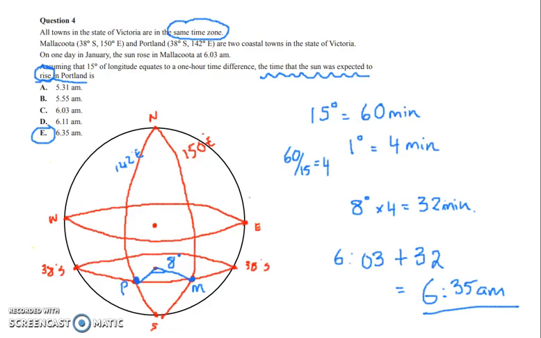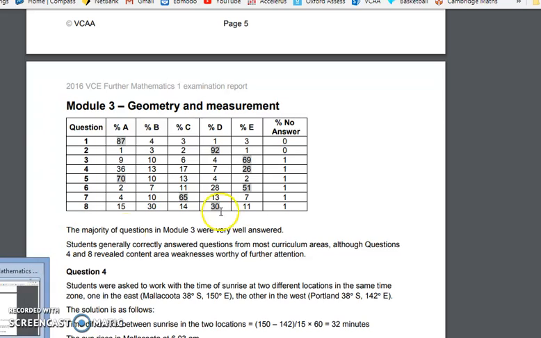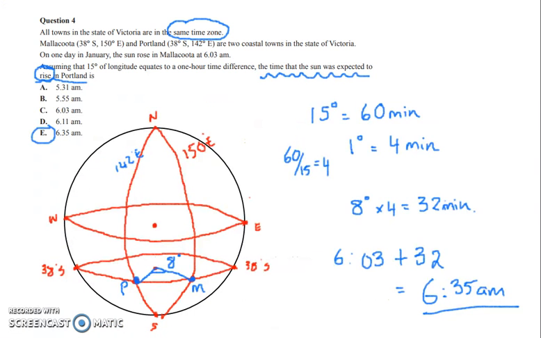If we have a look at our assessor's comments here, this is question 4, only 26% of the cohort got this question correct. And there's a large number here, 36%, who went for A. If we look at 36% for A, we're looking at 5:31 in the morning.